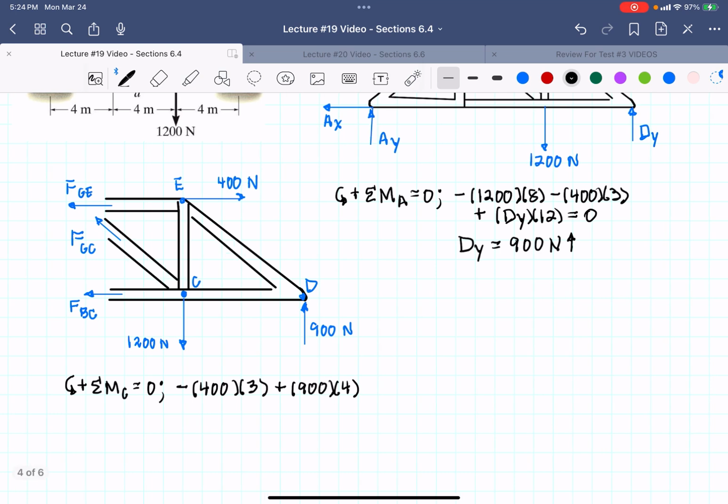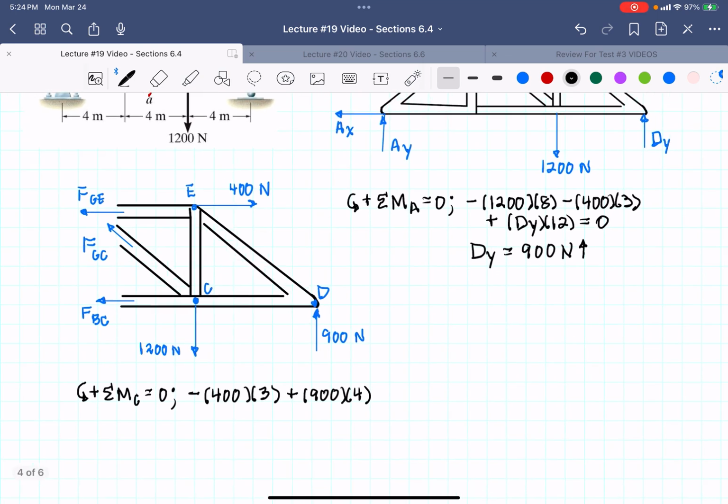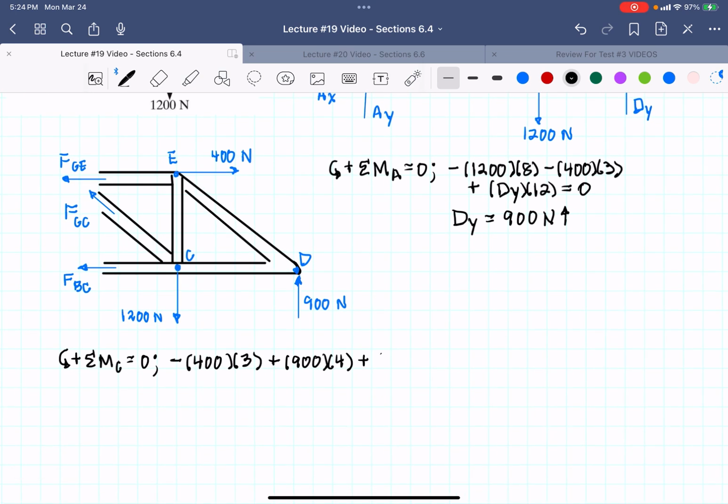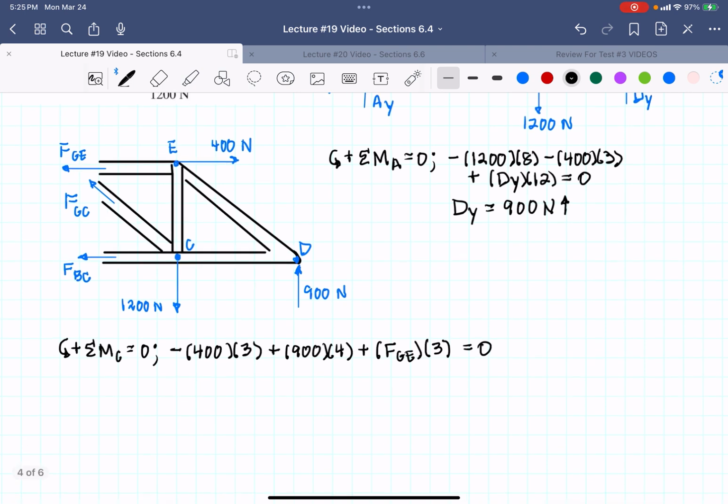And then I'm going to have FGE, which is also positive. And its distance is 3 meters equals 0. So this is going to allow me to solve for FGE.